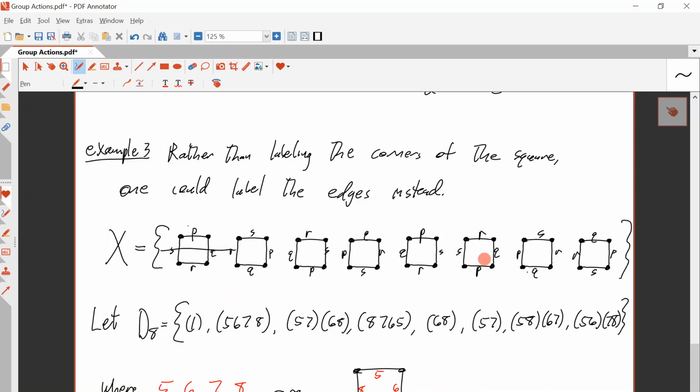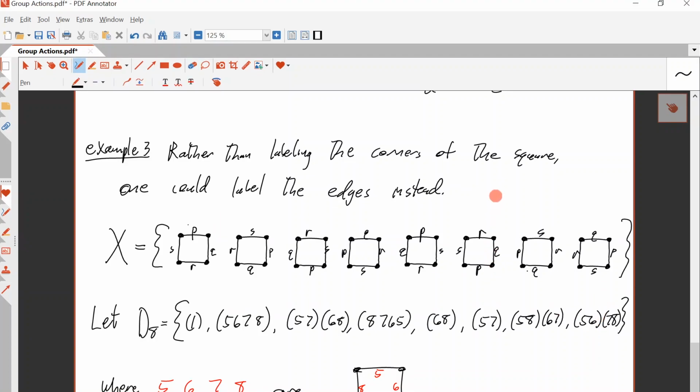Reflection around the horizontal line gives me this, where 8 and 6 are fixed and 5 and 7 are swapped. And then reflection around that line, P and S get swapped, R and Q got swapped, so it's 2 cycles. Whereas for the vertices, these 2 are fixed, and then it's 1 2 cycle. And then reflection around here accomplishes this, and that corresponds to that permutation.